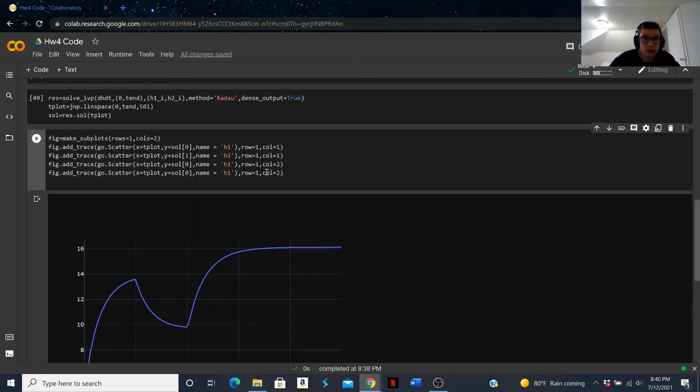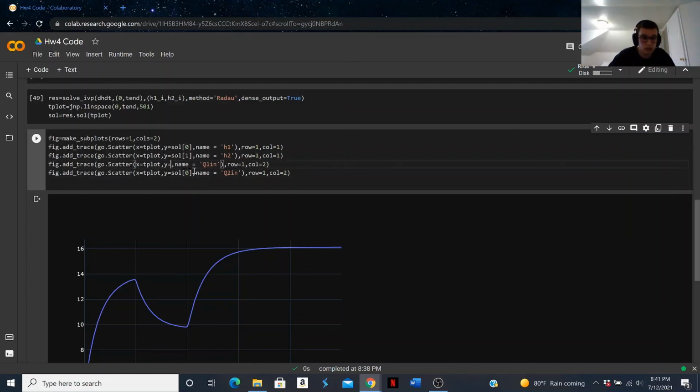So these two are going to be in column 2. Our names, we want our Q1 in, Q2 in, and our X is going to be our T plot again, and our Y is going to be different.